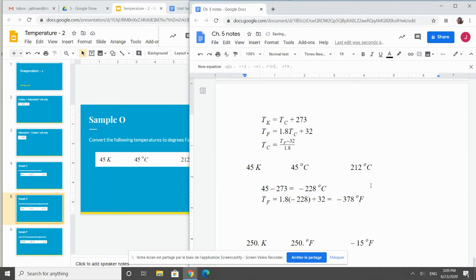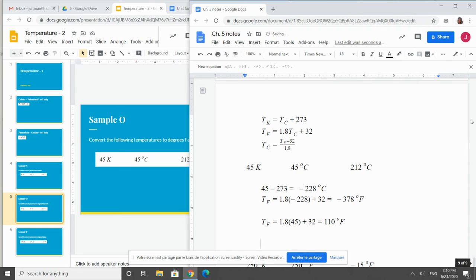So now for my second one, it's already in degrees Celsius, so I only need one equation. I just plug in 45. And I wanted this to have two sig figs, so I did 110 degrees Fahrenheit.